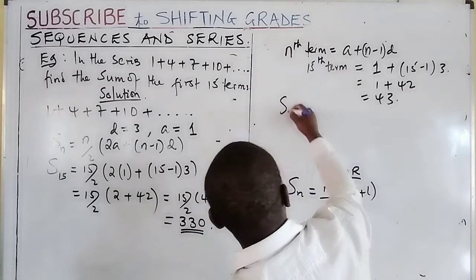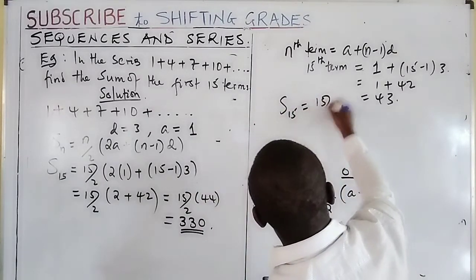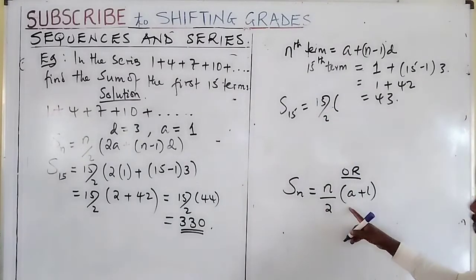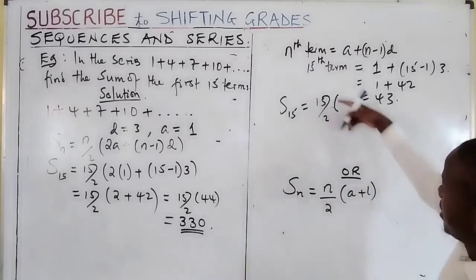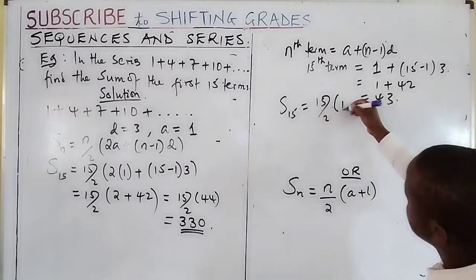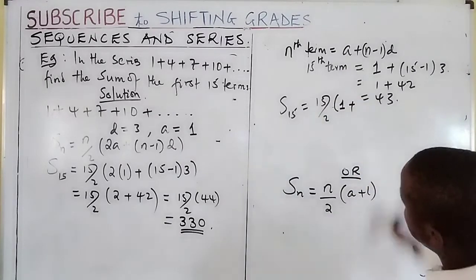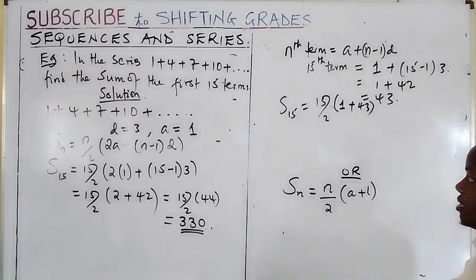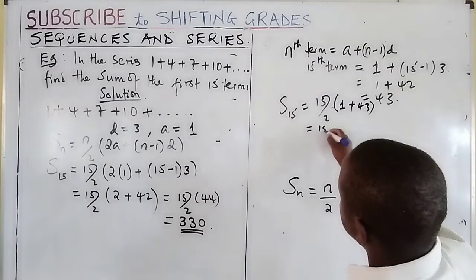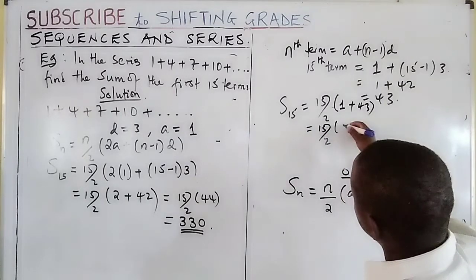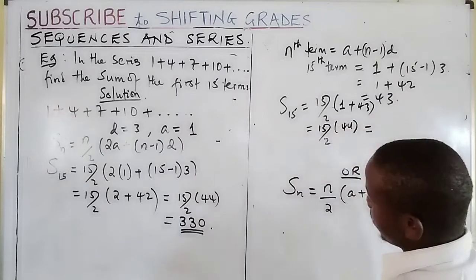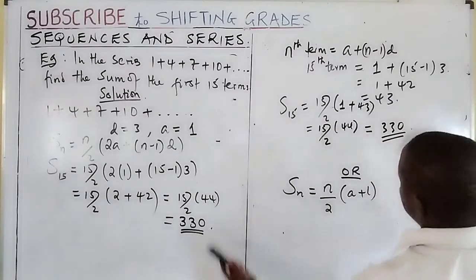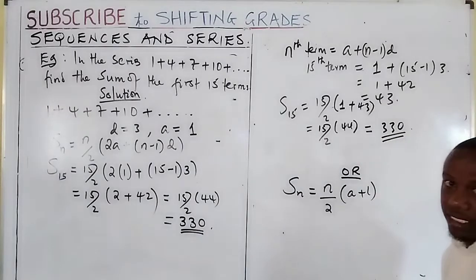Therefore the sum of 15 terms will be 15 over 2 into, according to this formula, n over 2 into a, the first term, plus the last term, 43. Therefore we shall have 15 divided by 2 times 44, and it will land us to the same value, 330.